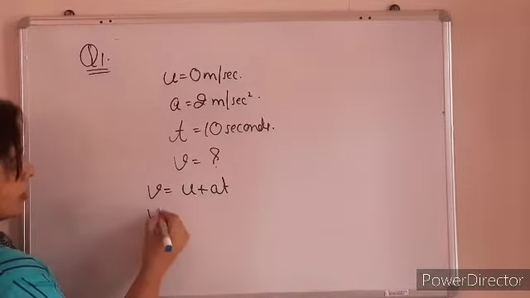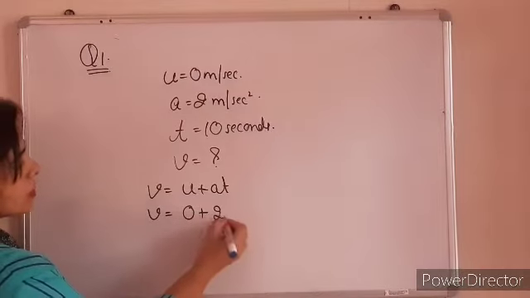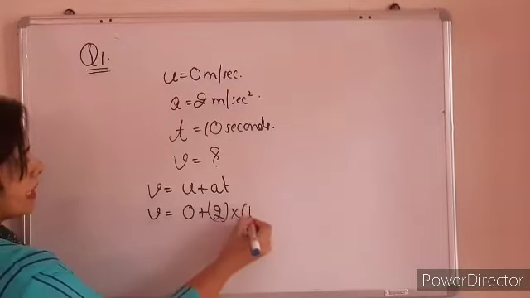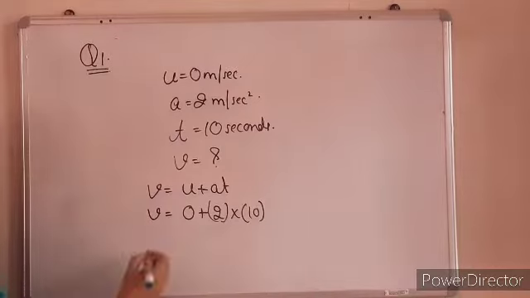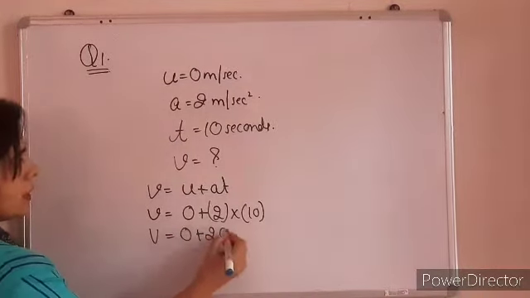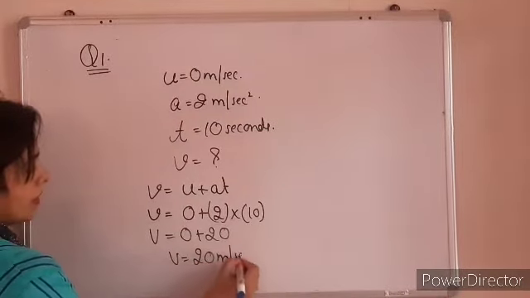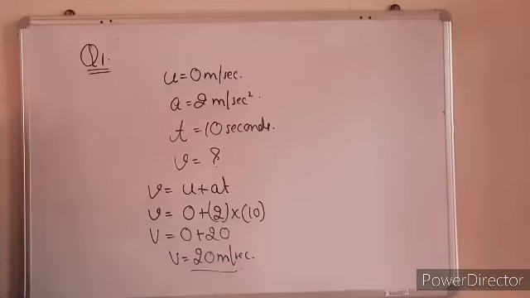So v is equal to u, which is 0, plus a, which is 2, multiplied by t, which is 10. So v is equal to 0 plus 2 into 10, which is 20. So v is equal to 20 meter per second. This is going to be your velocity.